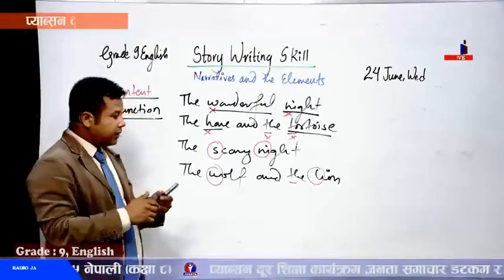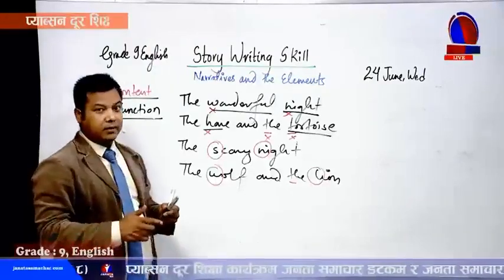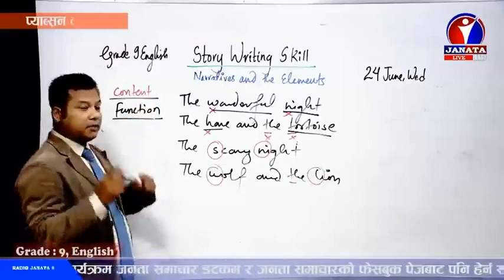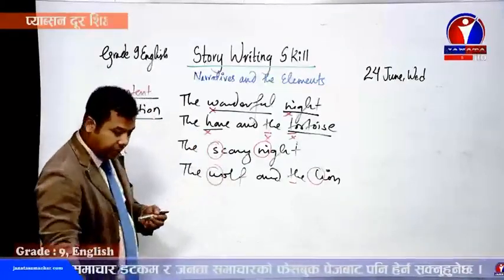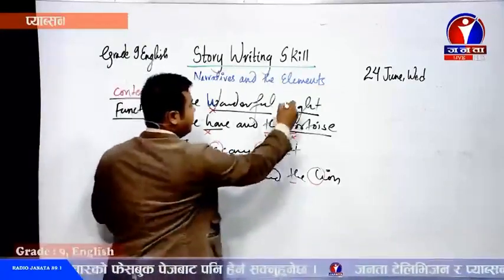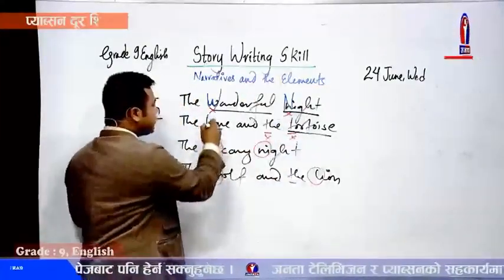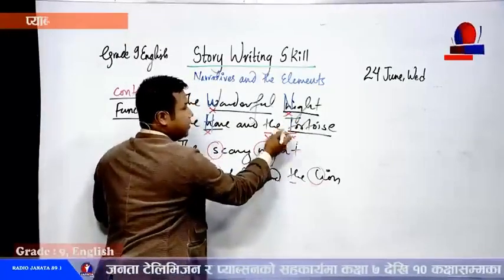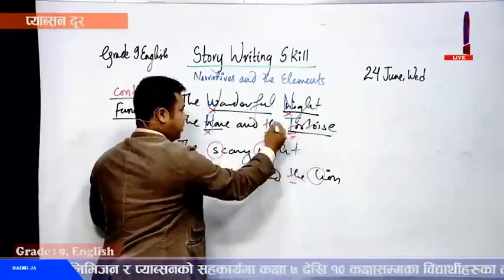So, in writing the title of something, the content words are always made capital. So, I must make the correction here. This W becomes capital, uppercase. Night becomes capital. Hare becomes capital. Tortoise, and this is a definite article qualifying tortoise.